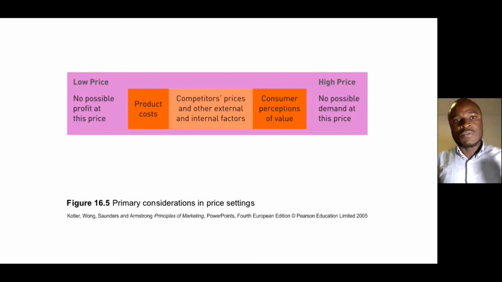So no possible profit at this particular price if your price is lower than the amount of money you invested to produce, and no possible demand at this particular price on the right side if your price is higher than the value that customer perceive through your product, which is something, let's say, that we have to take into account, right? And then you have your pricing strategy.